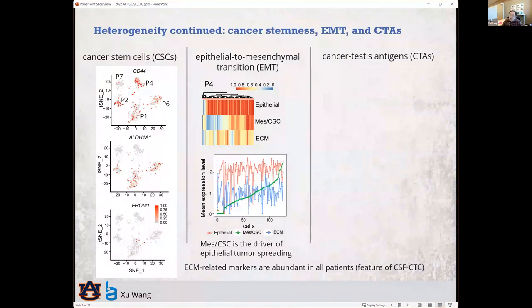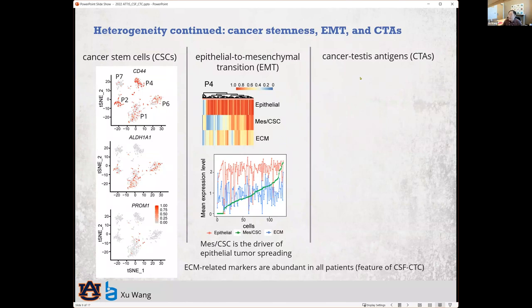However, we observed variable expression levels of the EMT markers, from no expression to highly expressed, suggesting a partial EMT. So this is also a signature of the CTC expression profile.